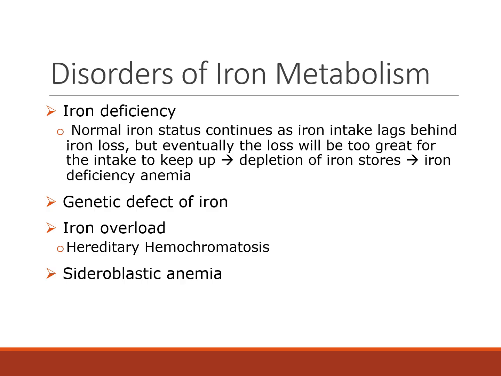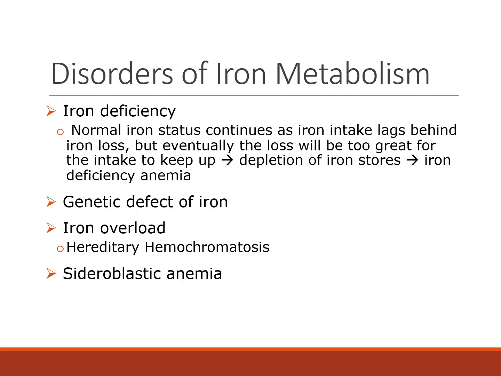We see it in pubescent children. Again, they have an increased need and they are growing very rapidly. We see it in athletes who are not maintaining proper nutrition to meet the need of their muscle mass. We see it in women of childbearing years due to pregnancy, menstruation, and overall increased need due to those reasons.